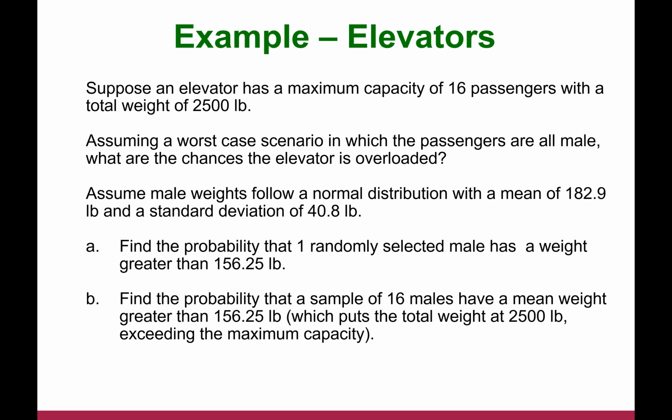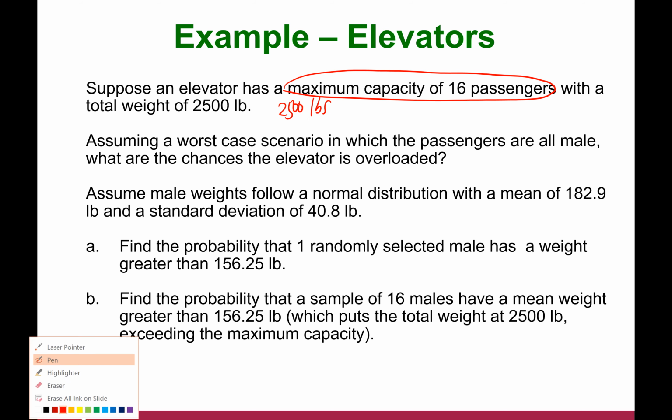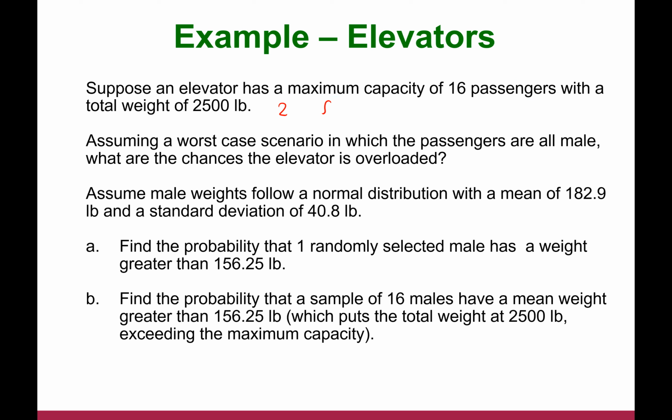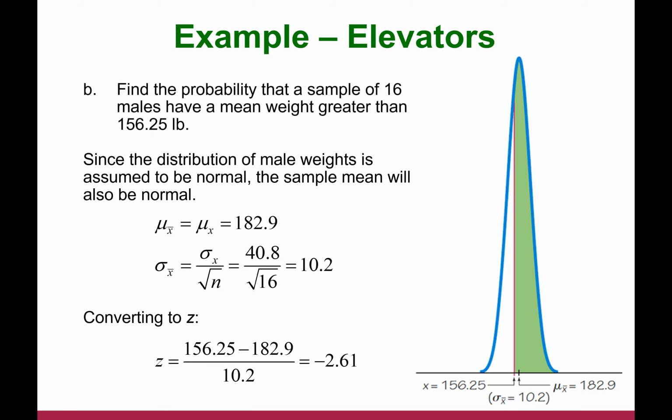Now let's take a look at an example about elevators. Suppose an elevator has a maximum capacity of 16 passengers with a total weight of 2,500 pounds. That means, on average, each passenger should be, dividing 2,500 by 16, you get an average weight for those 16 men.